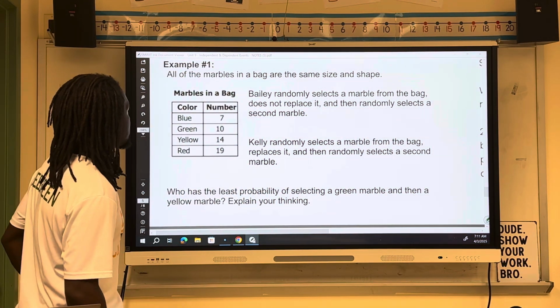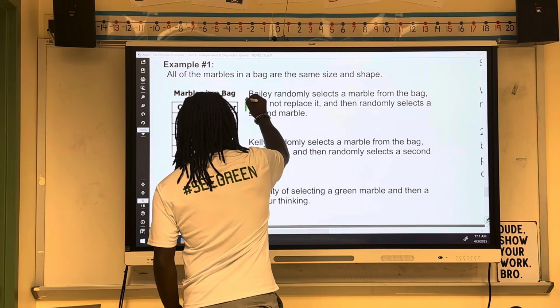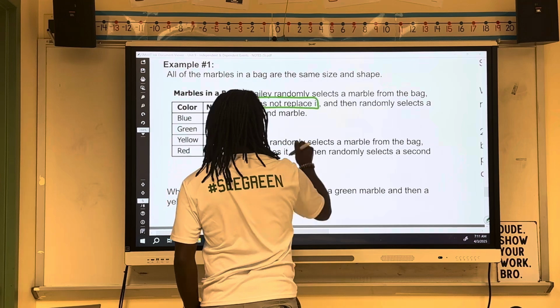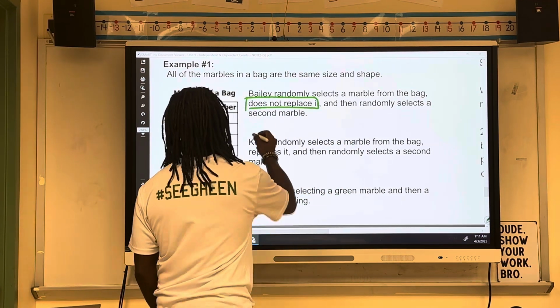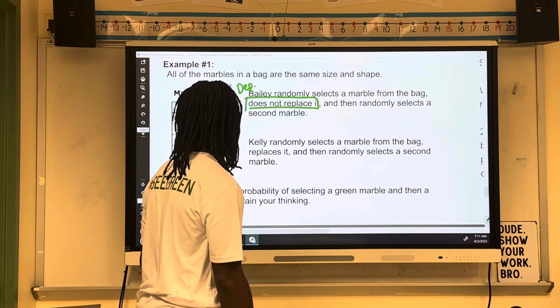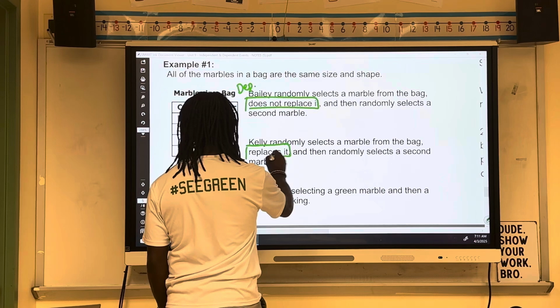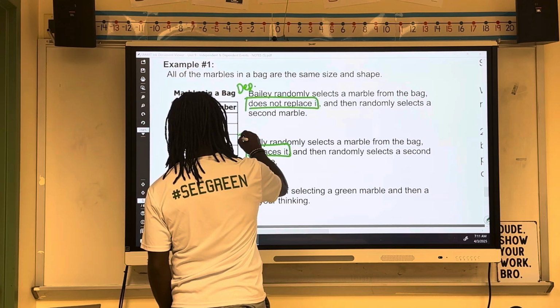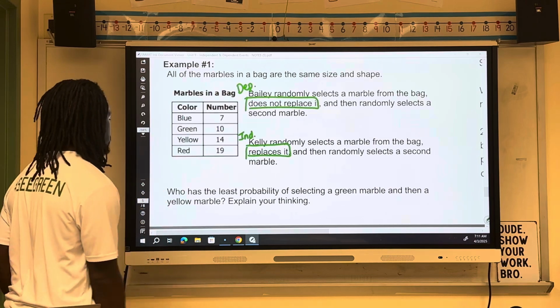Bailey randomly selects a marble from the bag, does not replace it, and then randomly selects a second marble. Because we do not replace it, this is dependent. Kelly randomly selects a marble, replaces it, therefore that's independent, and then randomly selects a marble.